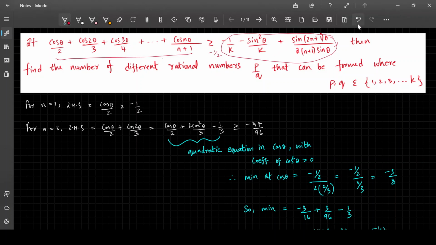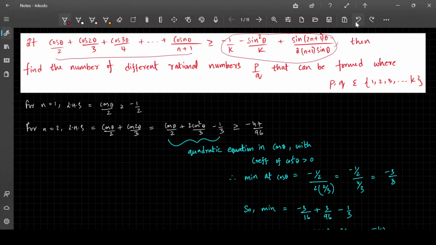So I've not simplified to the last step; this is maybe the fourth or fifth step from the last of the solution. Before coming to minus half, we have this fifth step, and after solving it we get minus half. I'm using this so that we can have the value of k and find the value of p by q.